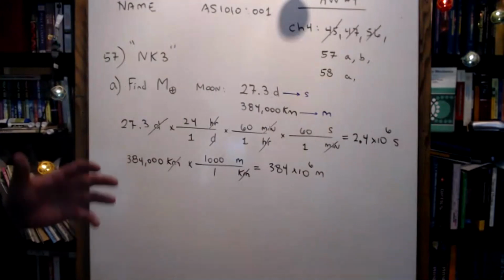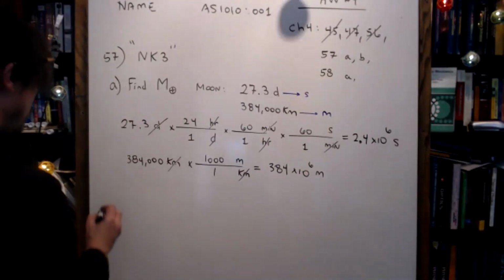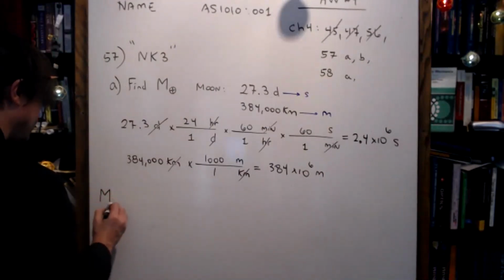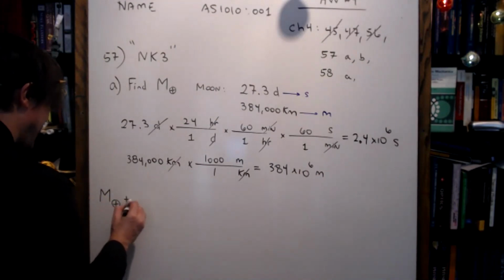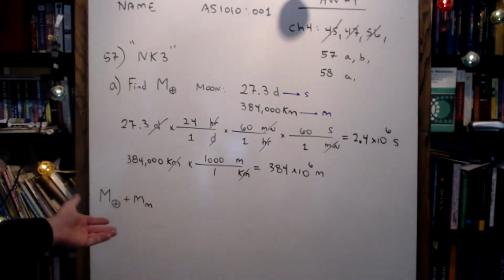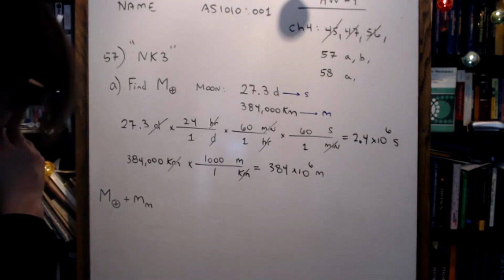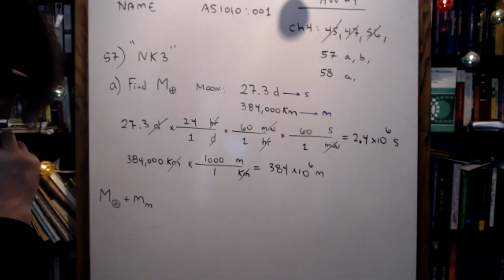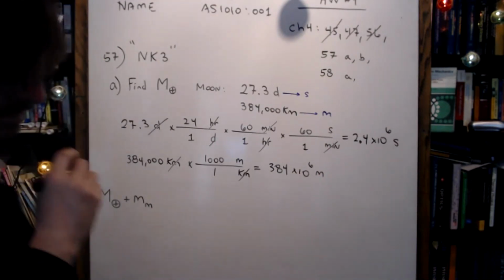Now we're ready to plug into our equation. Now remember, the total mass is the mass of the Earth plus the mass of the moon. Would you say I could make any simplifying approximations here, Noah? I don't think it's that small that you could do that. It turns out there's a hint in the problem. And what does the hint say?